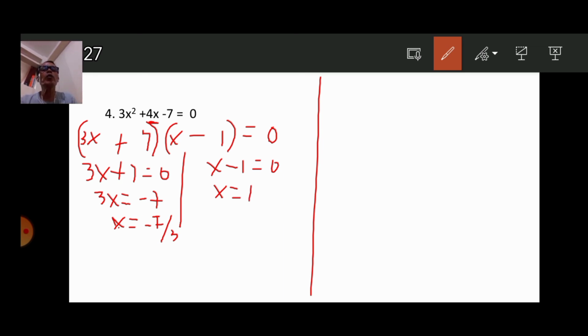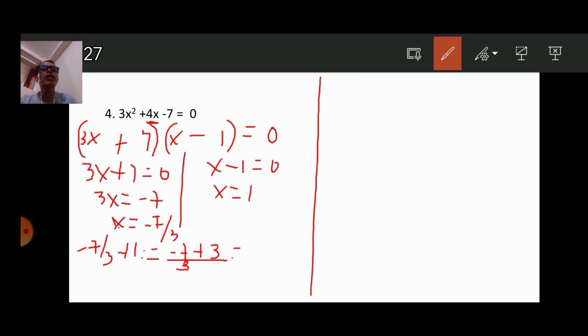Now, if you are going to add negative 7 over 3 plus 1, the LCD is 3. So 3 divided by 3 is 1 times negative 7 is negative 7, plus 3 divided by 1 is 3 times 1 is 3.